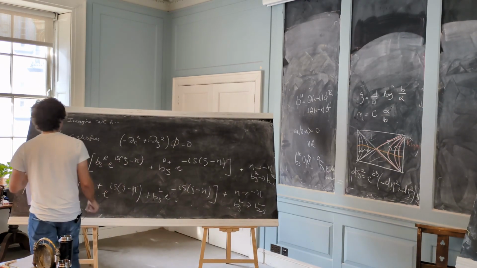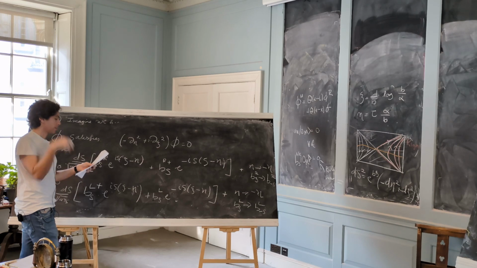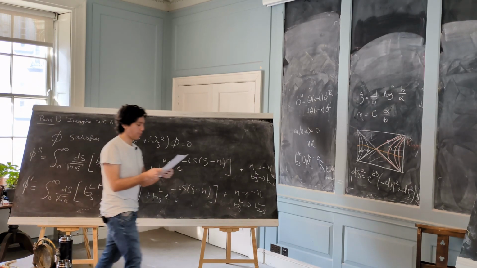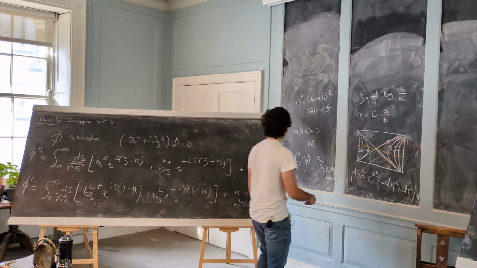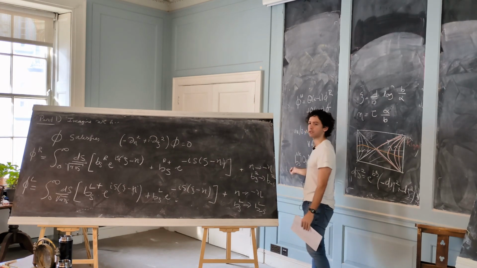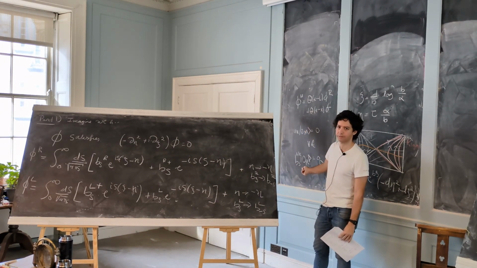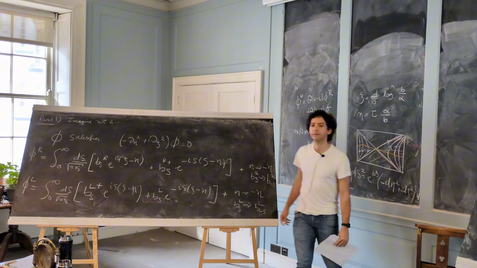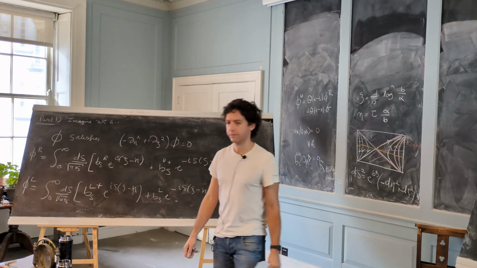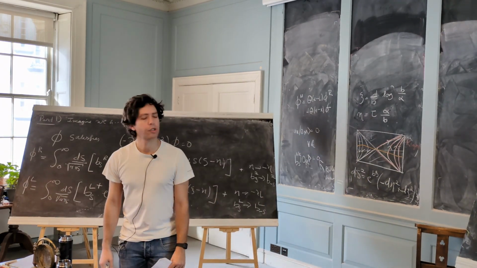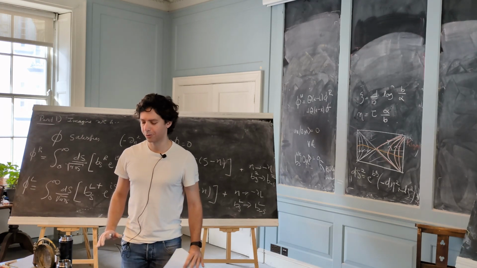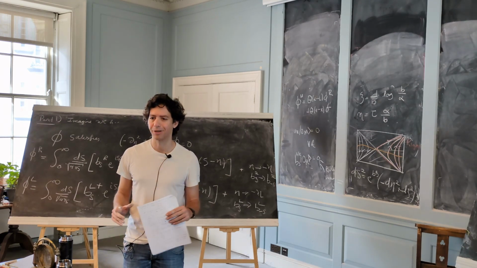Okay, so how do I do this? Well, one way to do that is to figure out how to relate the A's to the B's. Right? You agree with that? So just to be sure, we're moving from Minkowski to the Rindler. No, no. We're Minkowski observers, and we're suddenly accelerated.